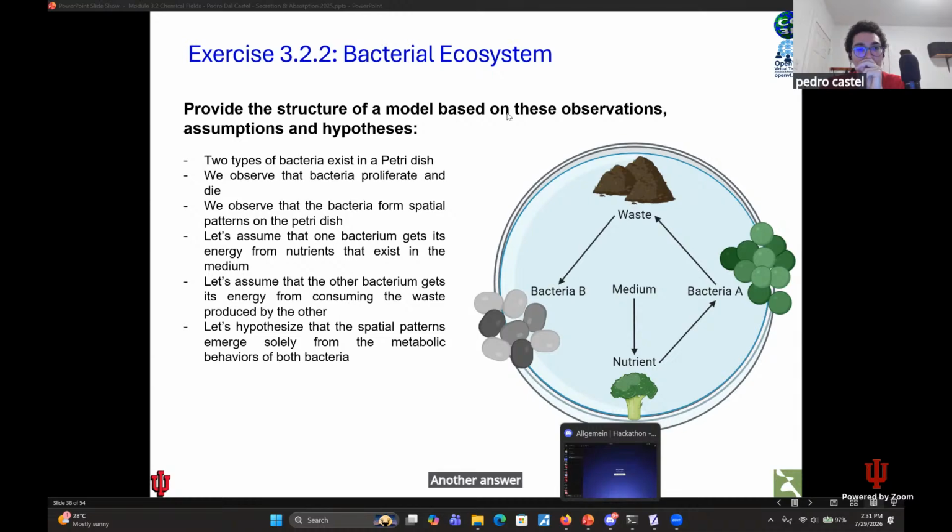Another answer. Objects: bacteria A, bacteria B, waste, a medium, nutrient. Okay. Interactions: medium provides nutrients. Bacteria A gets those nutrients. Bacteria A produces waste. Bacteria B uses waste. Behaviors: bacteria grow and divide. Bacteria die out.